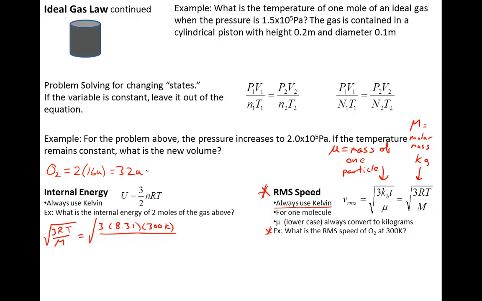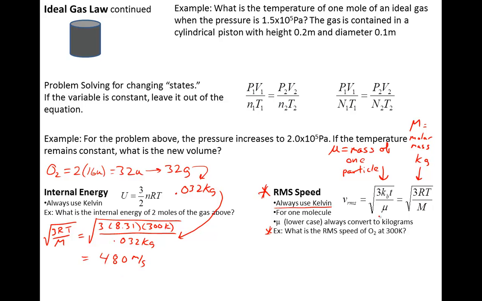So the molar mass in that case would be 32 grams. But again, our equations are written so that we have to use kilograms. So I'm going to convert that to 0.032 kilograms, and that's the value I'm going to use here. That gives me a value of about 480 meters per second.